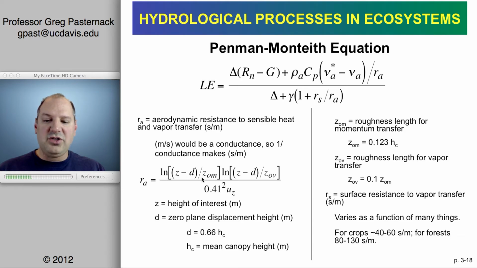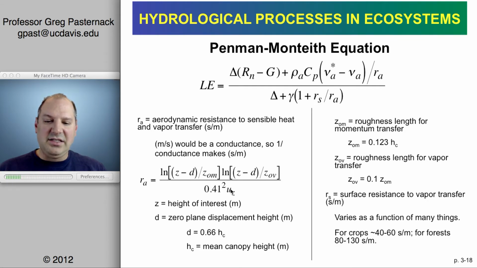One logarithmic function has to do with how the velocity in the canopy changes as a function of position up and down in the canopy for momentum, so that's the wind, OM is for momentum, and then V is going to be for vapor.